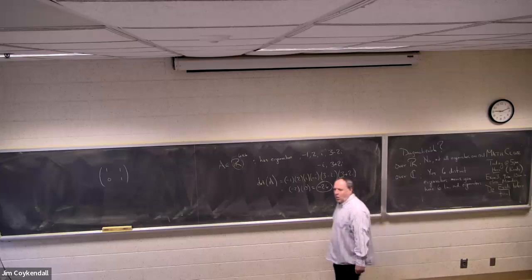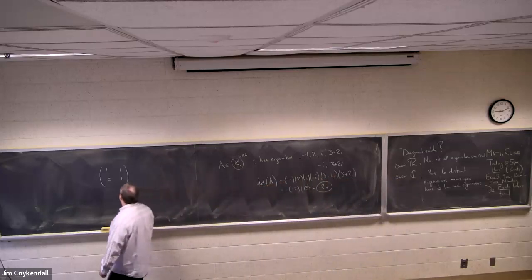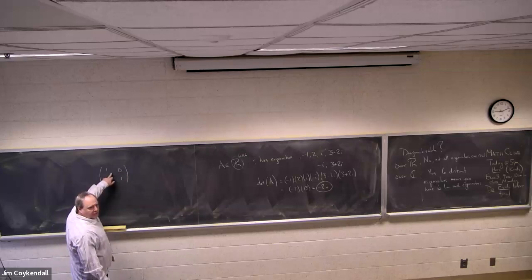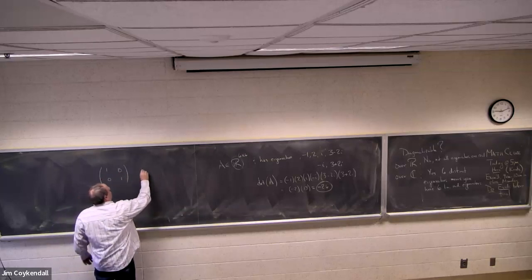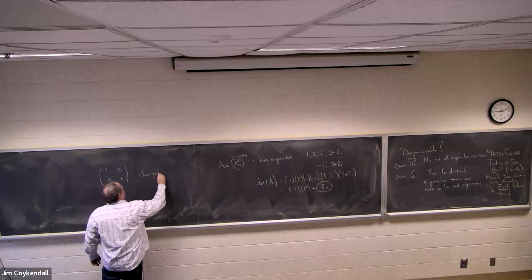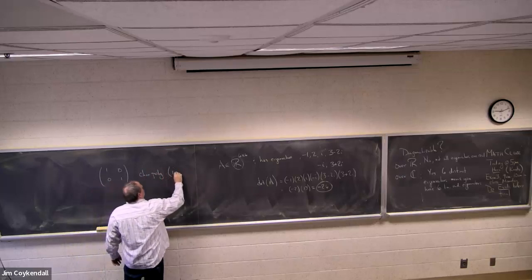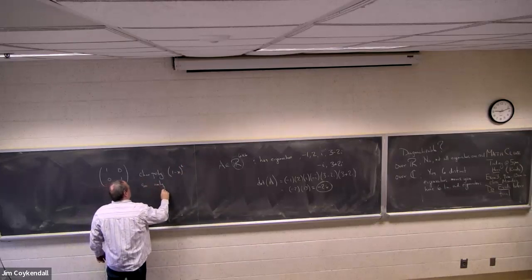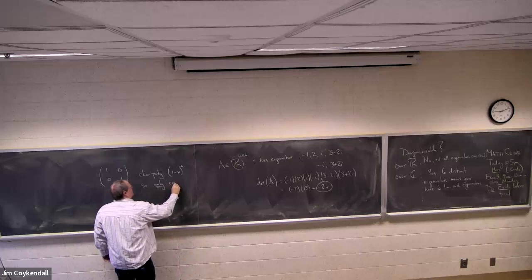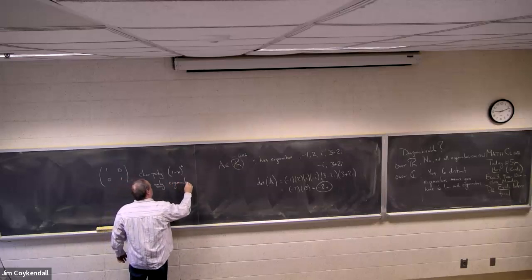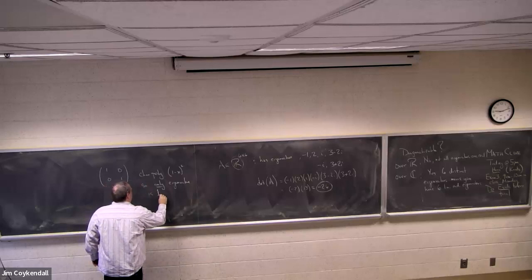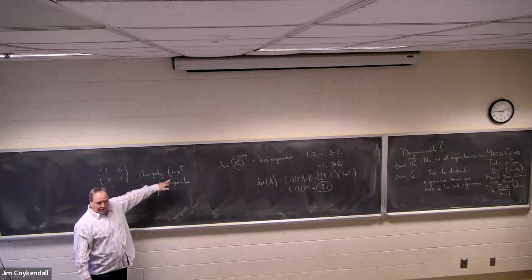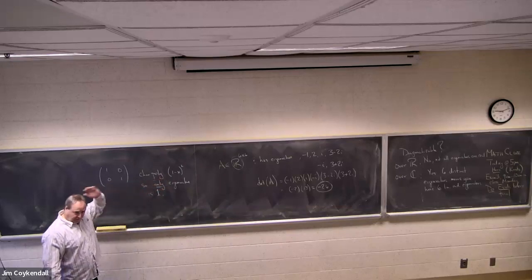Let me give you a quick example here. This matrix has the identity matrix as its characteristic polynomial, with only one eigenvalue.